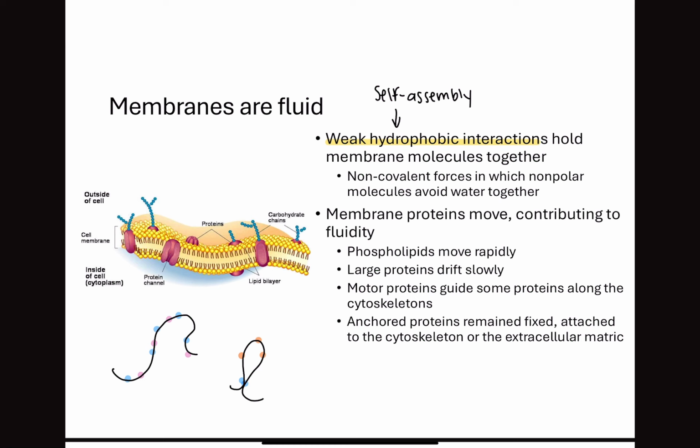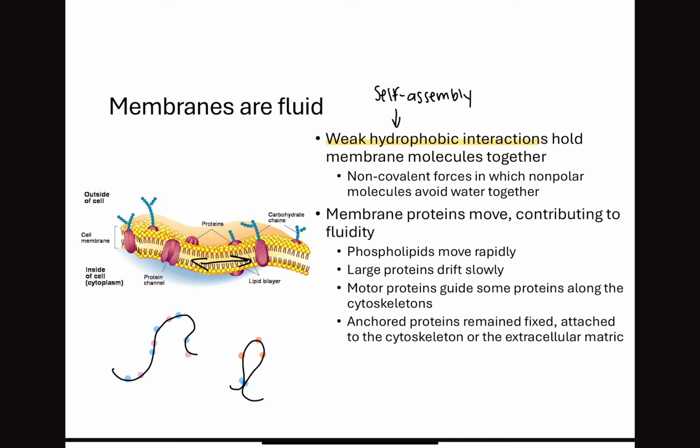Most of the lipids and some proteins can drift laterally, right? So they can drift this way or this way in the plane of the membrane, but they very rarely move from one phospholipid bilayer to another. So basically, movement inside of our bilayer is going to be within that specific bilayer.